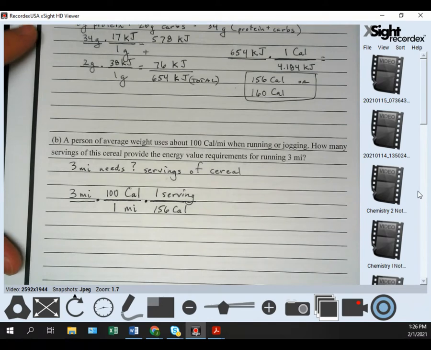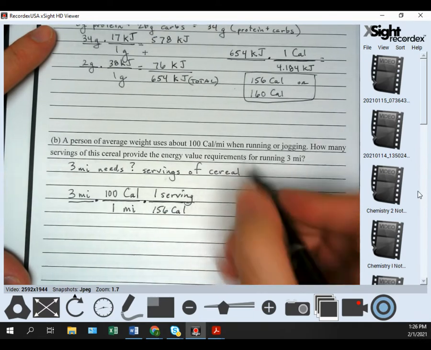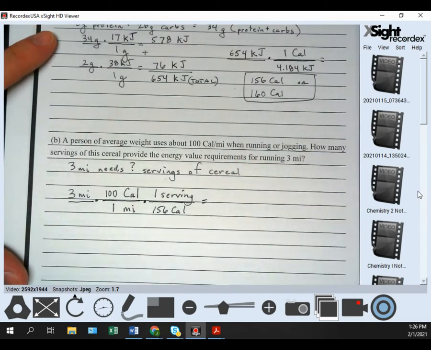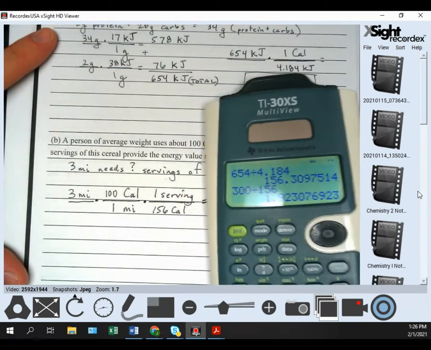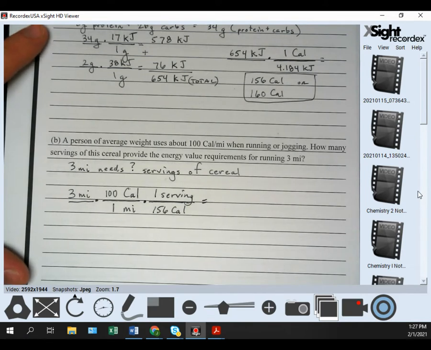Everybody okay with where I'm getting the numbers from, why I'm setting it up the way I am? If you think canceling, the miles cancel, calories cancel, we're left with servings, which is what we want. And this is going to come out to be, let's see, 1.92.